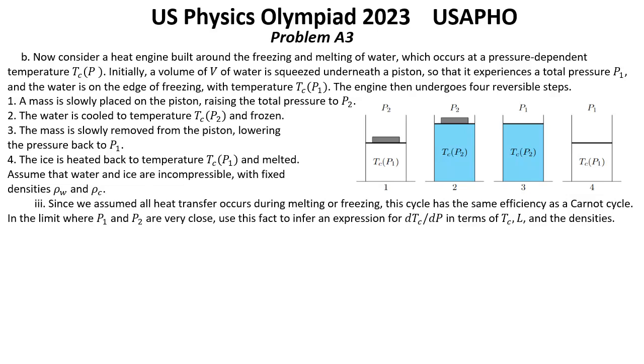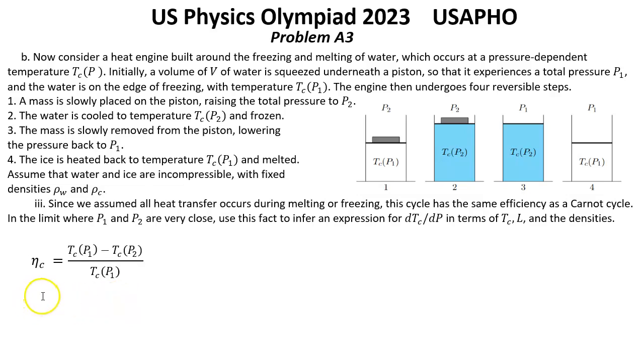Use this fact to infer an expression for delta T over delta P in terms of Tc, L, and the densities. Solution. The Carnot efficiency for the same high and low temperature is this one. T high minus T low divided by T high.